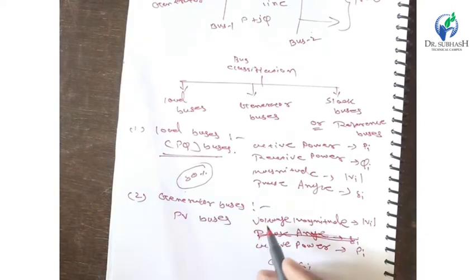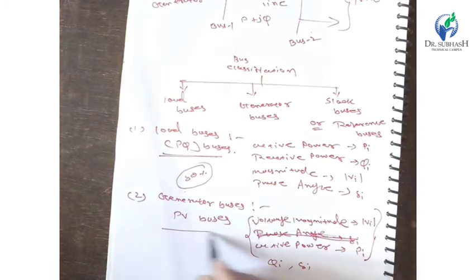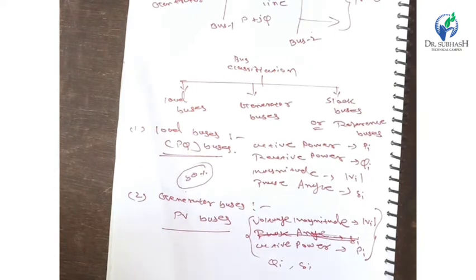So the PV bus is specified by the voltage magnitude, positive V suffix I form, and the active power. So the other name of the generator bus is PV bus. Load buses are also called PQ buses, and generator buses are called PV buses.